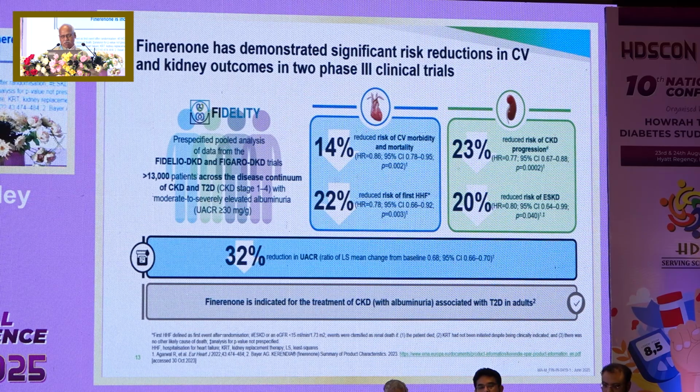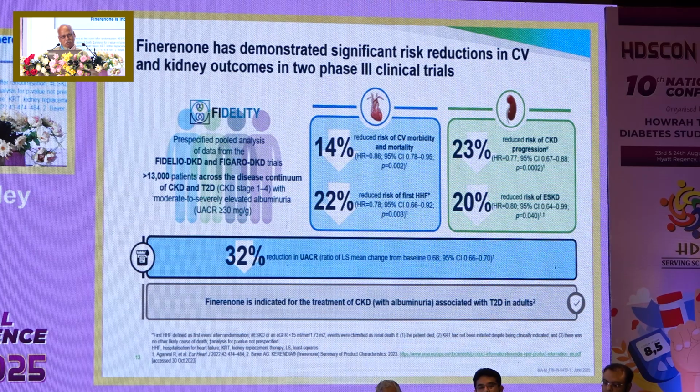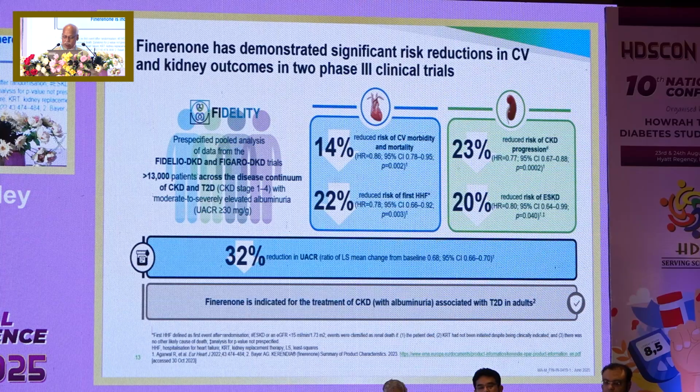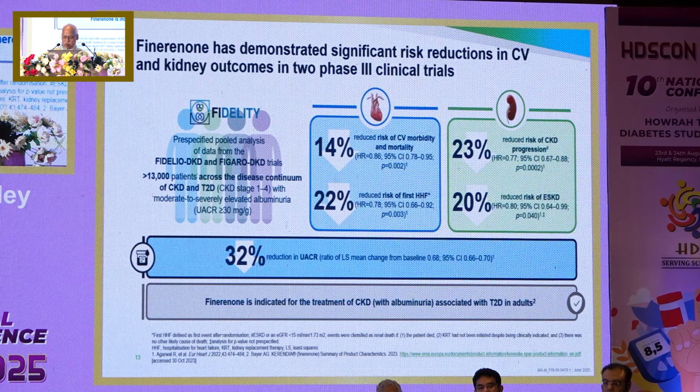Most of the data on SGLT2 is around 18 to 20% reduction in heart failure hospitalization. It is almost similar to the use of SGLT2 inhibitor, what I call a CREDENCE-like population where you use SGLT2 inhibitor. If you use Finerenone, you will get almost a similar benefit. And similarly, the deterioration in renal function is reduced by 20 to 23%.